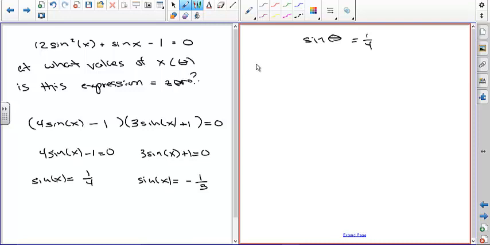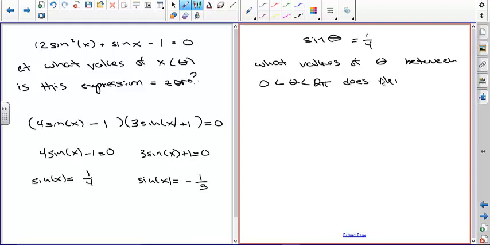Okay. What values of theta between 0 and 2 pi does this work? Step number 1.